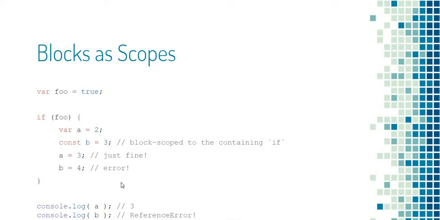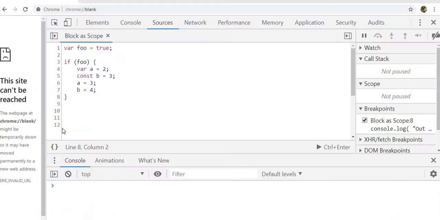And also when we try to access the value of b out of the block where we have declared the variable b, we get a reference error, because using a const identifier to declare a variable limits the scope of the variable inside this block only. So let's now check this out by executing this code.